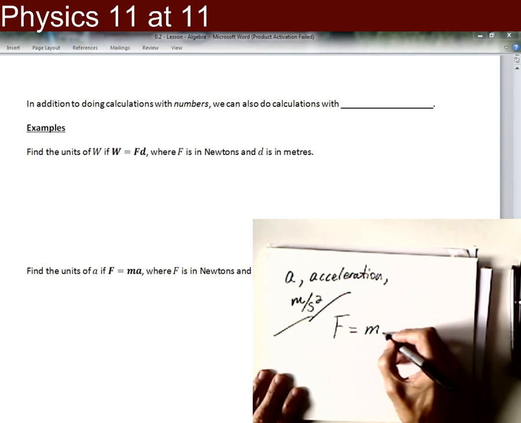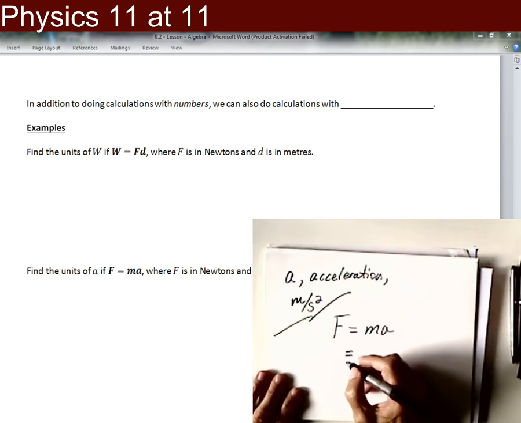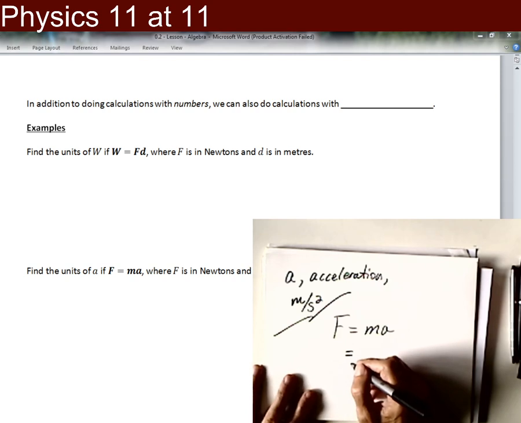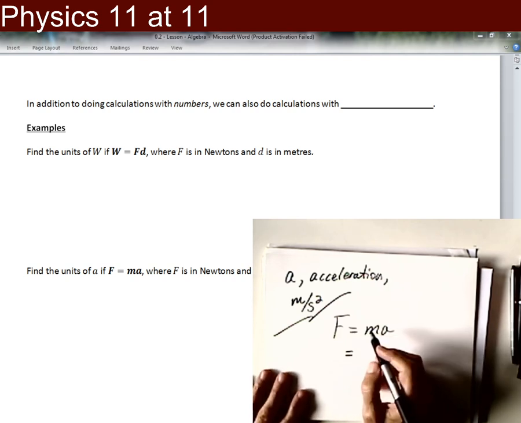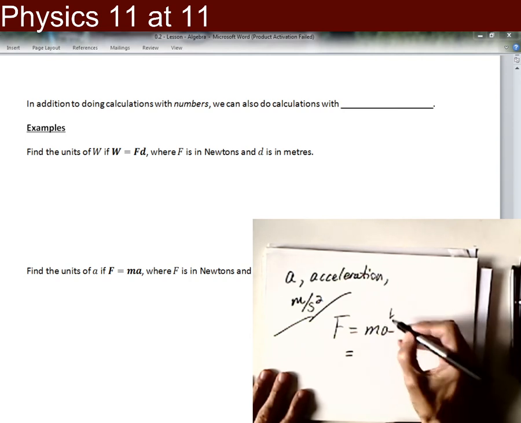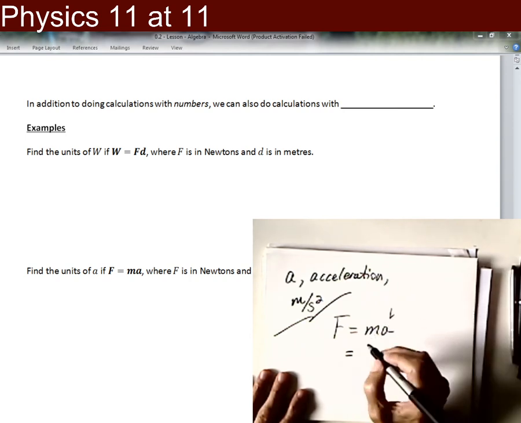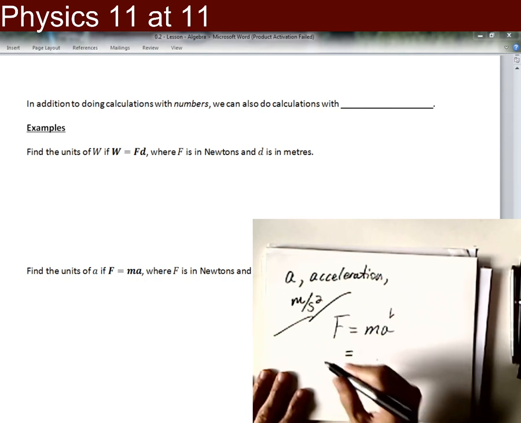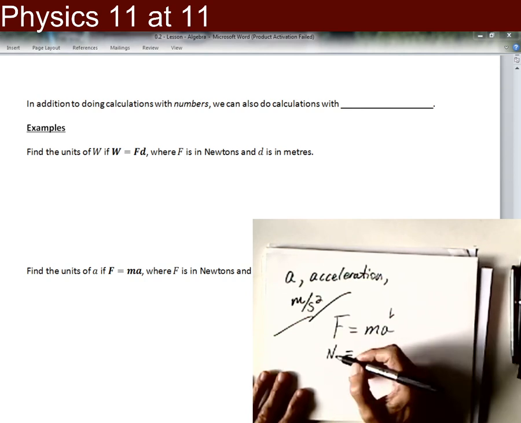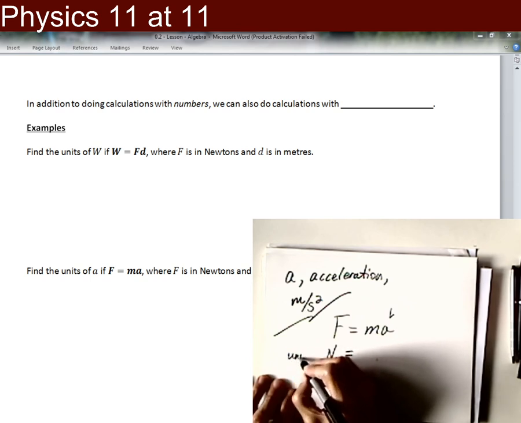We have F is equal to ma, which is pretty famous, Newton's second law. So we want to get the units for A. We have to provide the units for F and M there. Units for F, as we just saw, newtons.